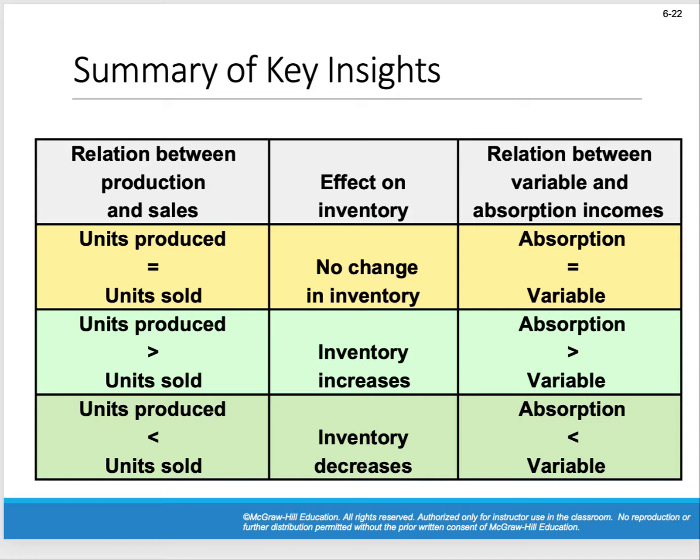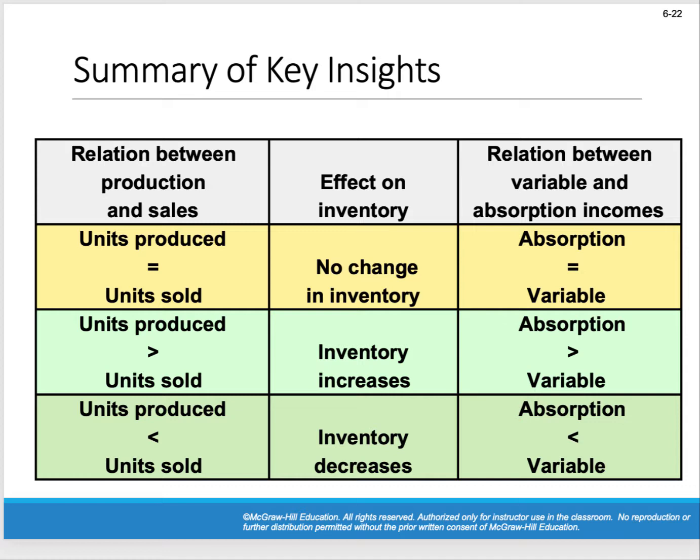Where we get into the thick of things is when we produce more or less than what we actually sell. So let's look at the middle line there. It says, if we produce more than we sell, our inventory costs go up. So the effect on inventory, meaning the value of inventory, increases.